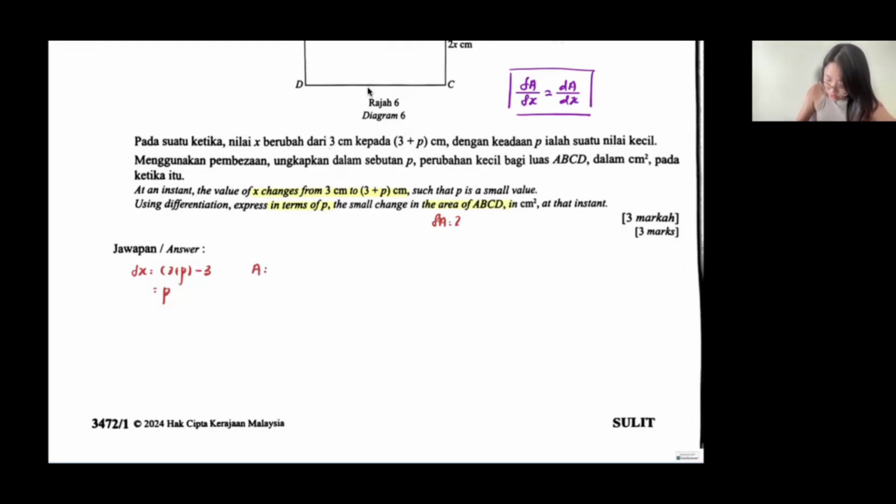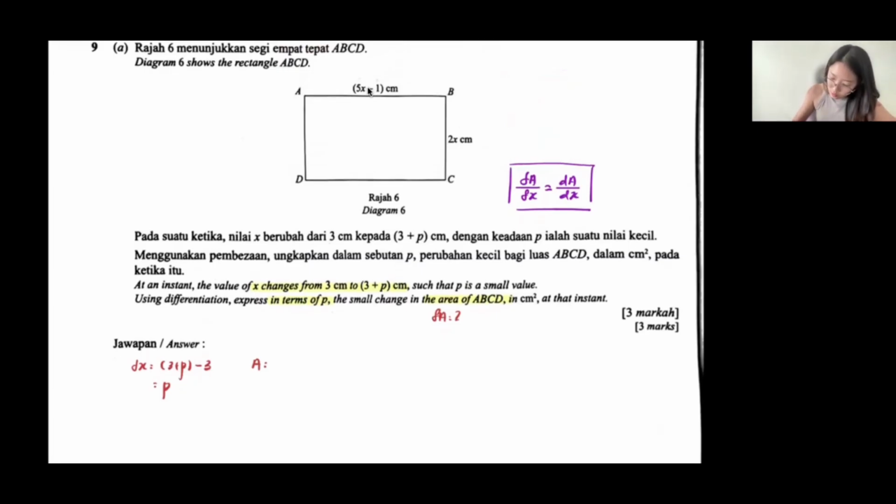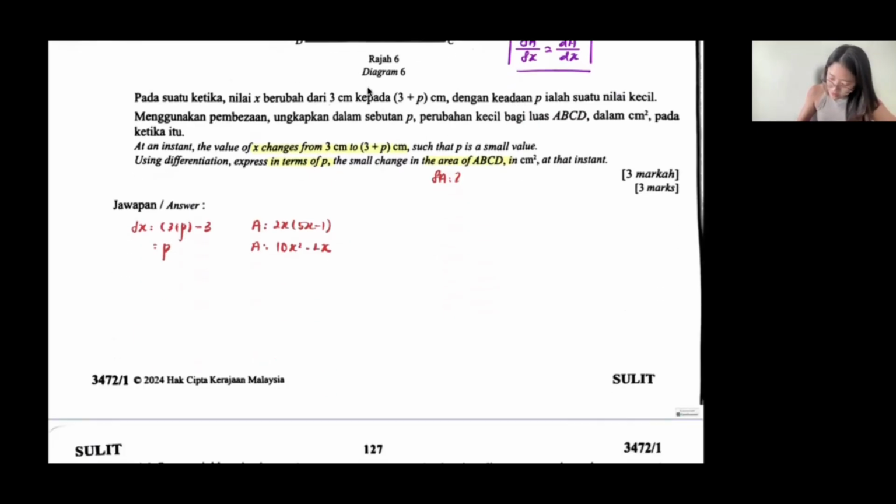Area is not given, but it's a rectangle, so you have to do it yourself. Area of rectangle is length times width, so it will be 2x times (5x minus 1), which is 10x squared minus 2x. Then we differentiate this, dA over dx, and you will get 20x minus 2.